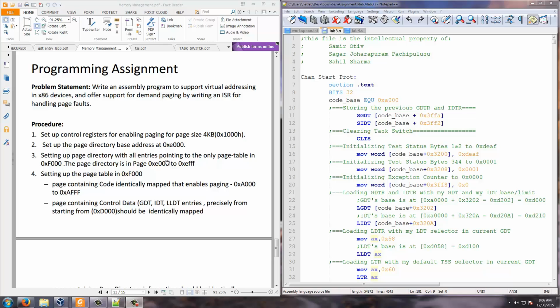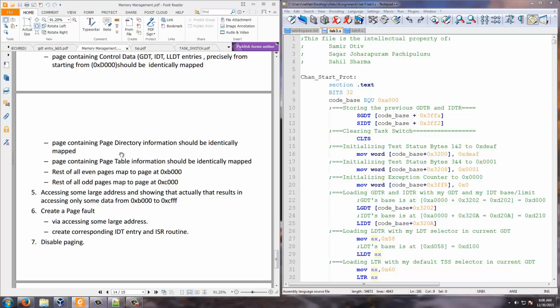Right. And we will do the following: the page containing the code, that is 0xA1000 to 0xAFFF, will be identically mapped. Similarly, the page containing control data, namely the GDT, IDT, LDT, will also be identically mapped.